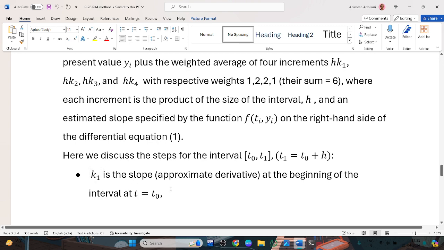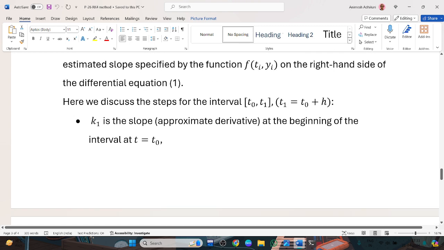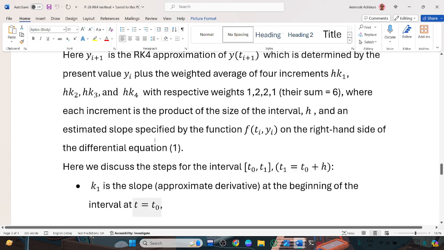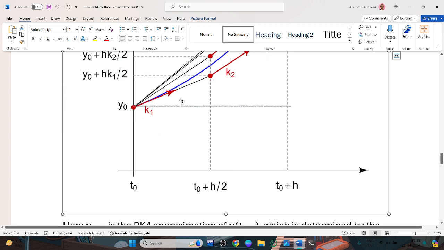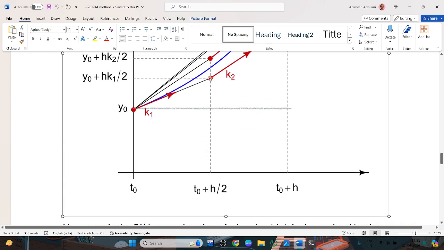Here k1 is the slope, that is the approximate derivative at the beginning of the interval, t equal to t0. So obviously at this point t0, k1 is the slope of this function. The blue curve is the function y equal to y(t).